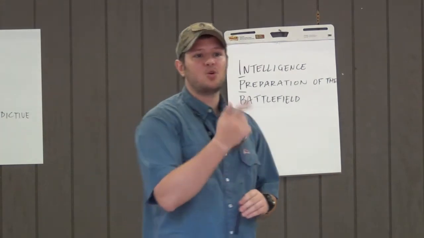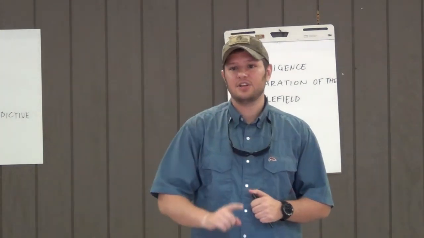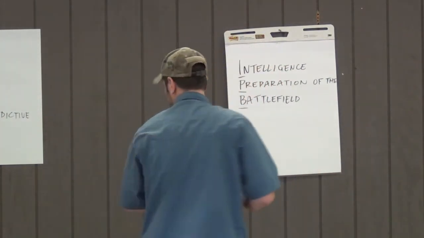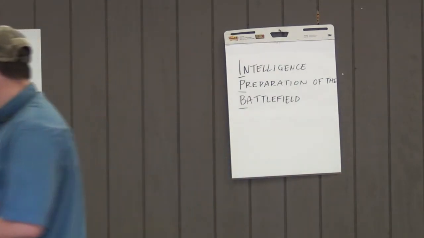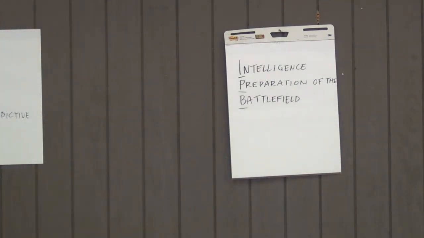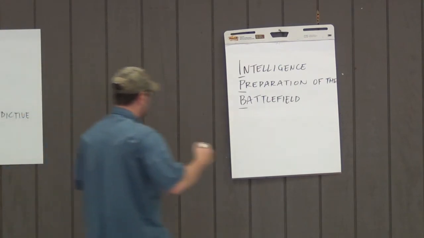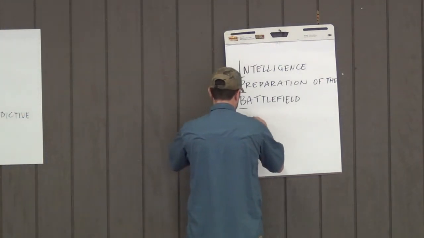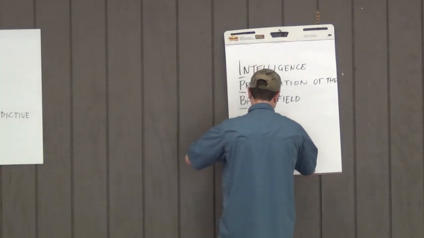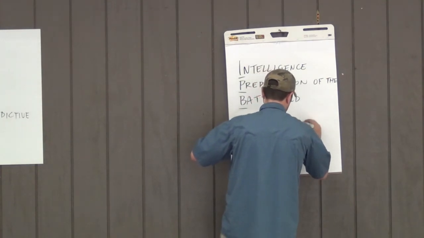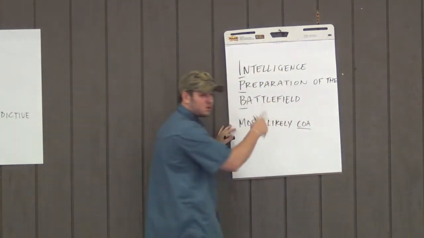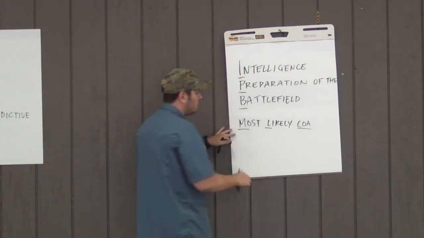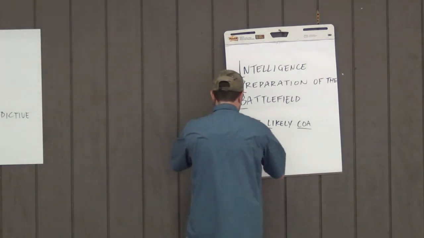So we identify enemy courses of action. What are they most likely to do? We have the ML-COA. Oh, this is not too much jargon for anyone. COA is course of action. All right, so we have the ML-COA, most likely course of action.